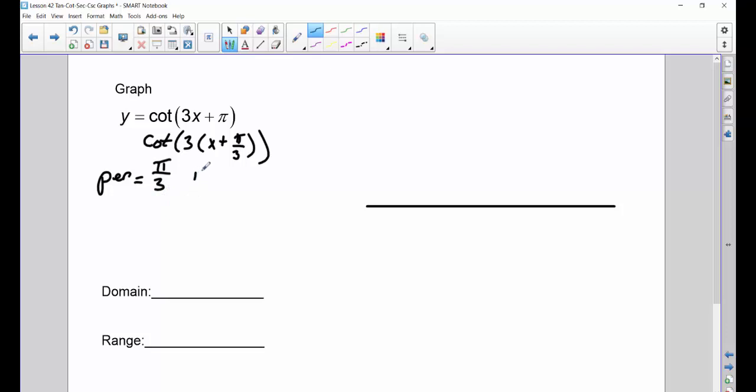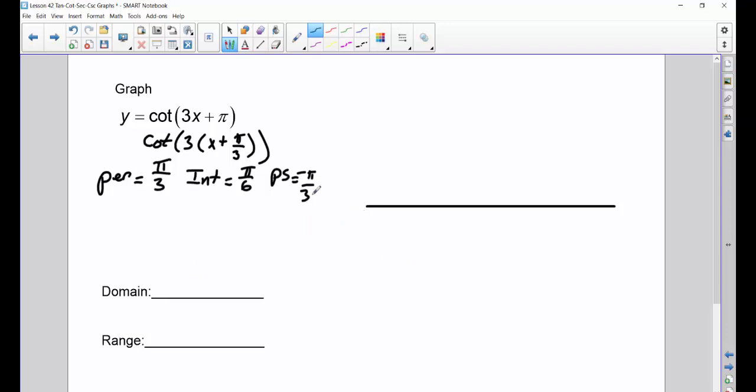Intervals, we're going to divide that by 2. So that's pi over 6. And we have a phase shift of negative pi over 3. So that ought to get me started at least.